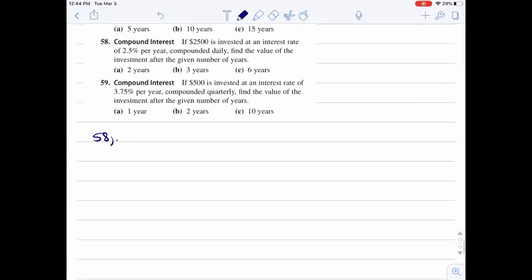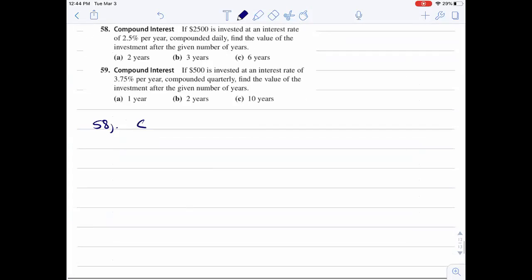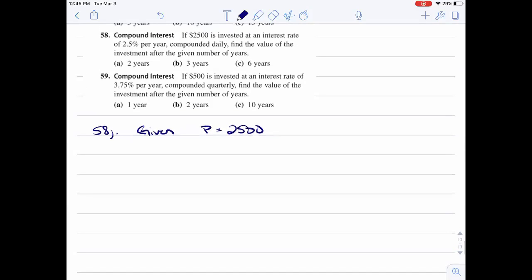And so here, let's just map out what we've been given. We've been given that P is 2,500. I'm not going to put the dollar sign on there until the end probably, otherwise it gets a little messy. Our interest rate R is 2.5 divided by 100, which is 0.025.